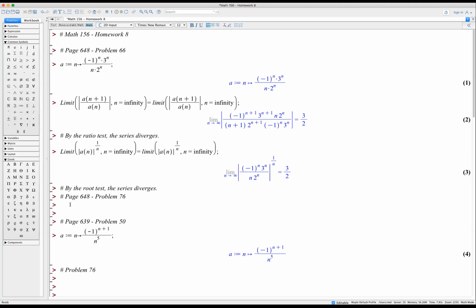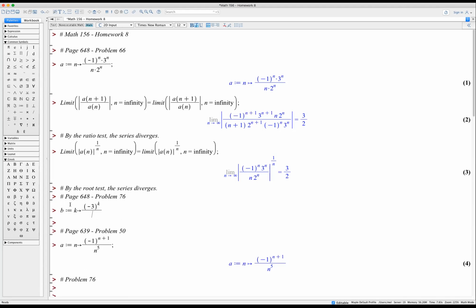Let me call the terms of the sequence, well, no, I'll call the terms of the sequence B's for a change. So B will be the sequence defined by B of n is equal to, or the book is using the letter K, K goes to -3 to the K divided by the product of the first K plus 1 odd numbers.